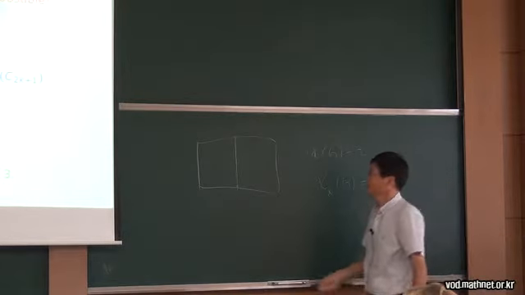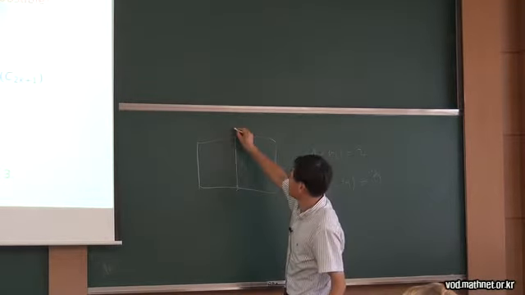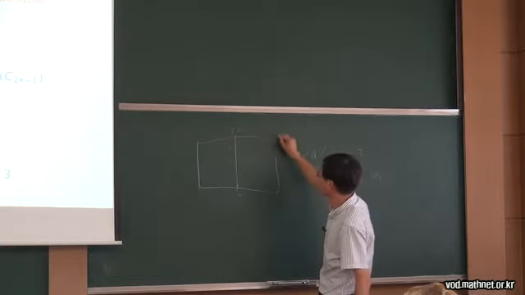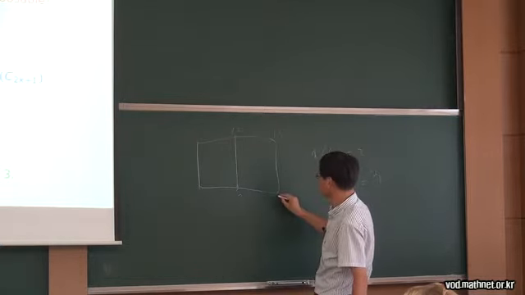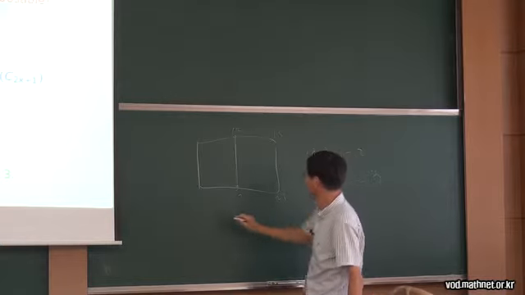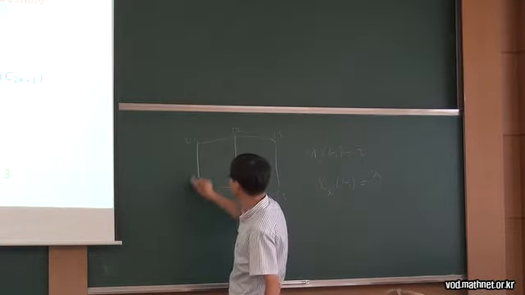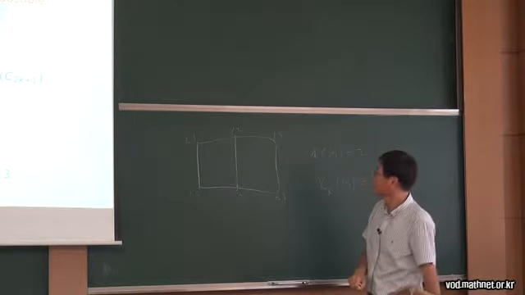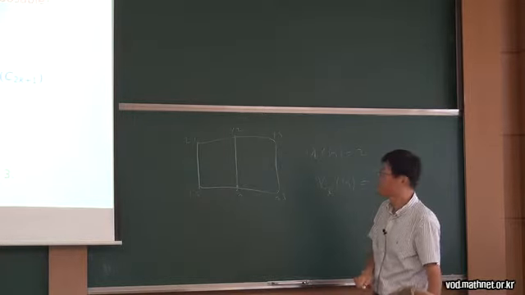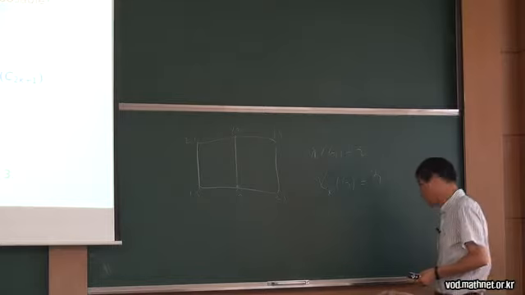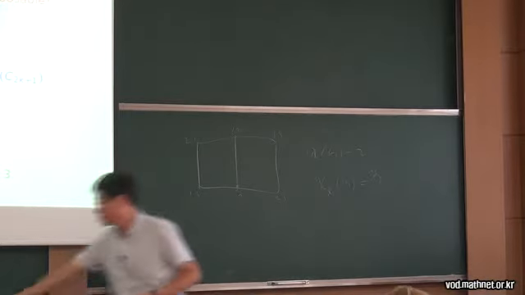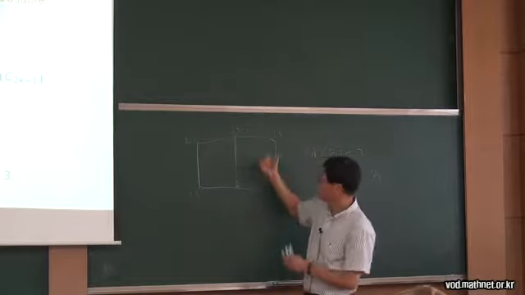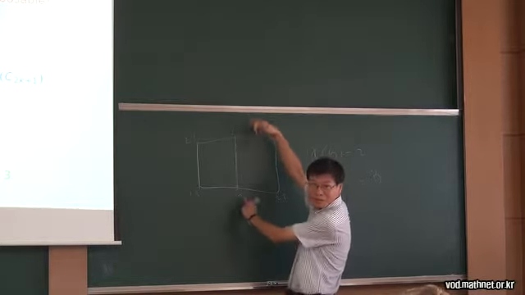So the worst case is like this: 1, 2, 1, 2, and then 1, 3, 2, 3. Correct? Yeah. So for this vertex, we should choose 1 and 2.